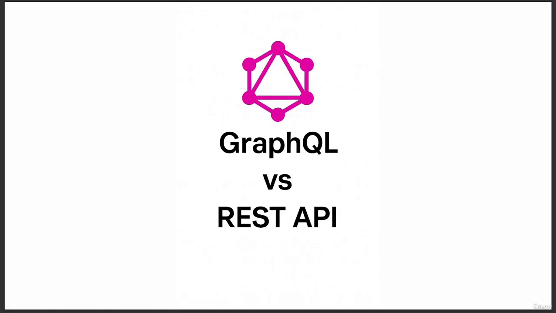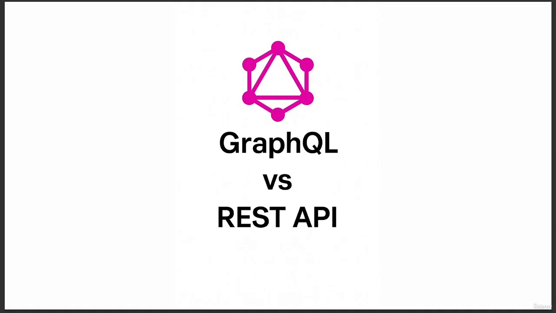You fetch exactly what you need in a single request. Third, versioning. REST APIs often use versions like /API/v1/users. When you change the API structure, you might need to release a new version, which can get messy over time. GraphQL APIs don't need versioning in the same way.